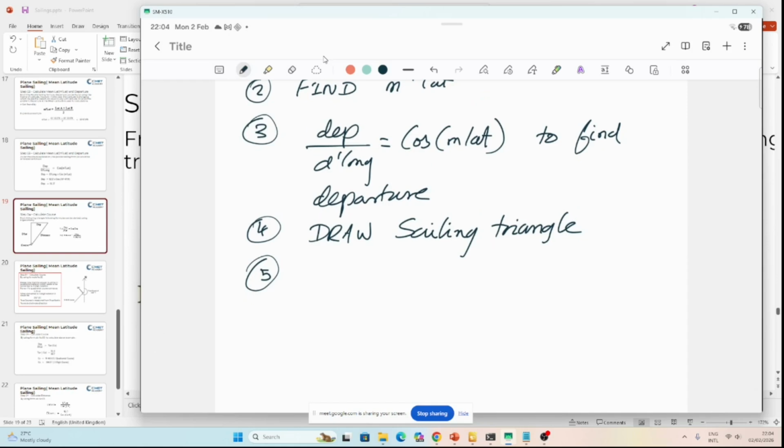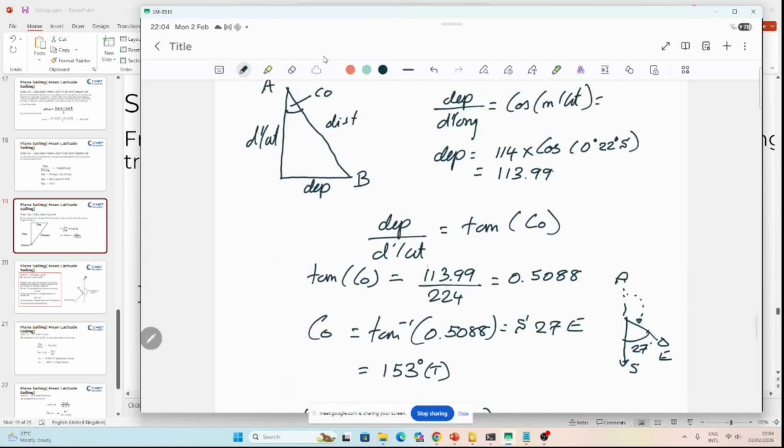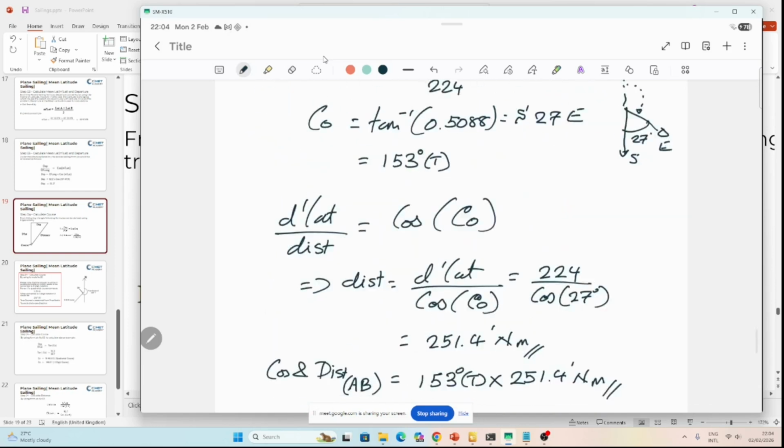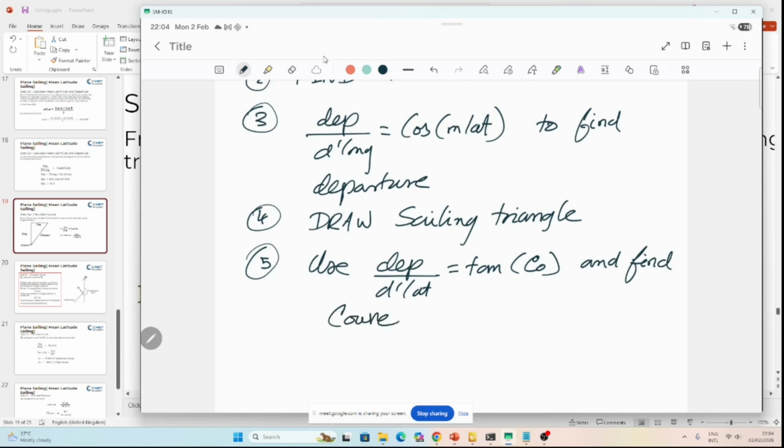Then the fifth one is, after you draw the triangle, you can use the next formula. So now we have already found the departure. Then you can use departure divided by d lat equals tan course, and find the course.